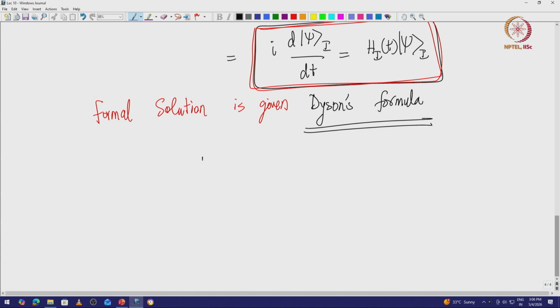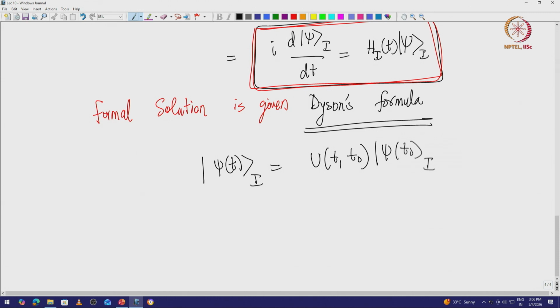We can write psi of t in the interaction picture equals U of t, t0 times psi of t0 in the interaction picture. The basic idea is that I have expressed the entire solution, the solution e power H_I of t essentially.